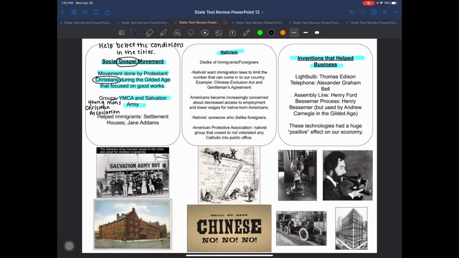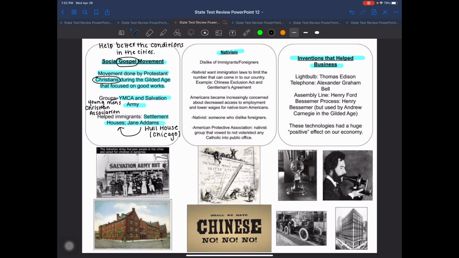It's helping there. But I will say, the most popular thing that pops up about the social gospel movement was the creation of settlement houses by a lady named Jane Addams. Okay, her settlement house is going to be called Hull House. It was first built in Chicago.